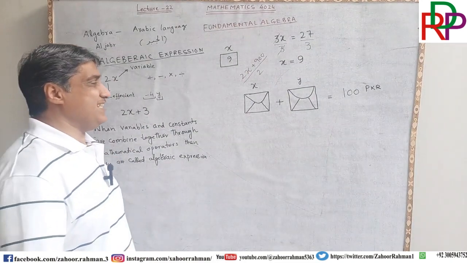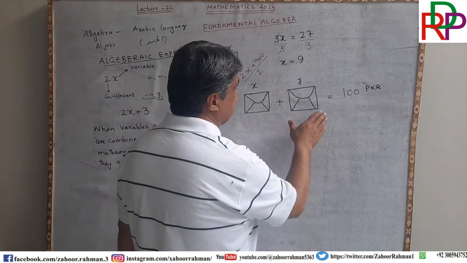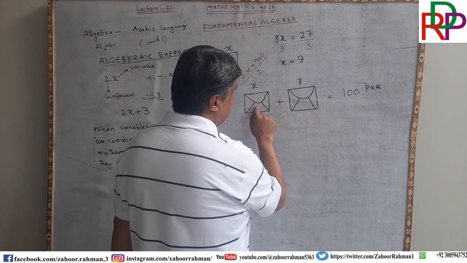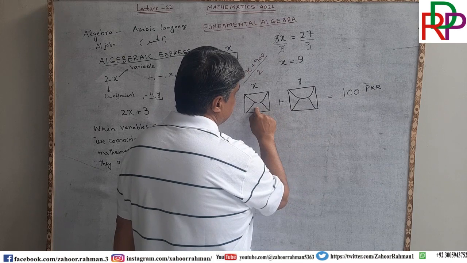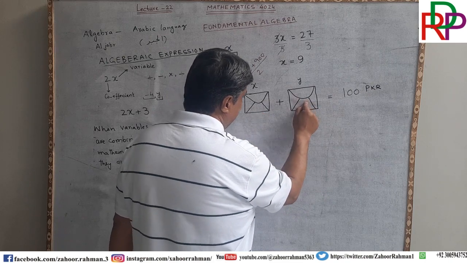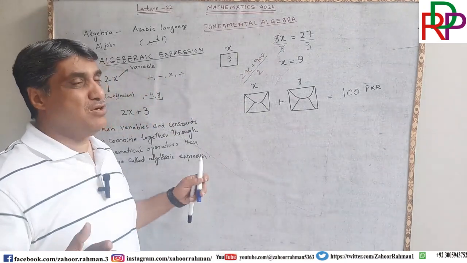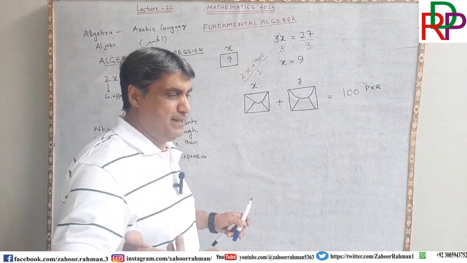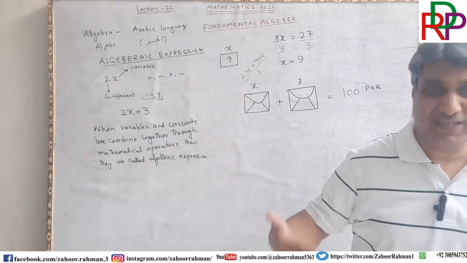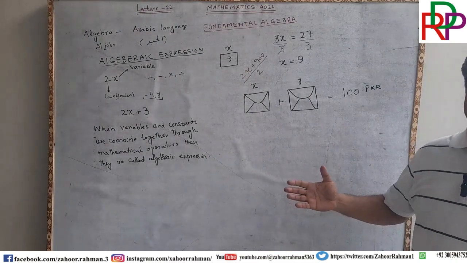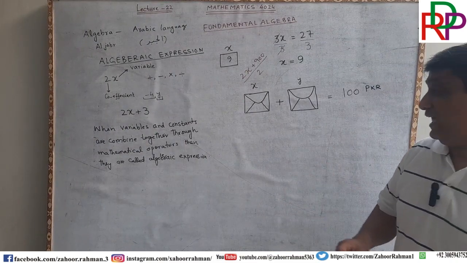The second condition they give us is that in this and this envelope the currency notes are equal, which is very simple, but I am giving you the concept that they will tell us certain conditions, then we would be able to find it.